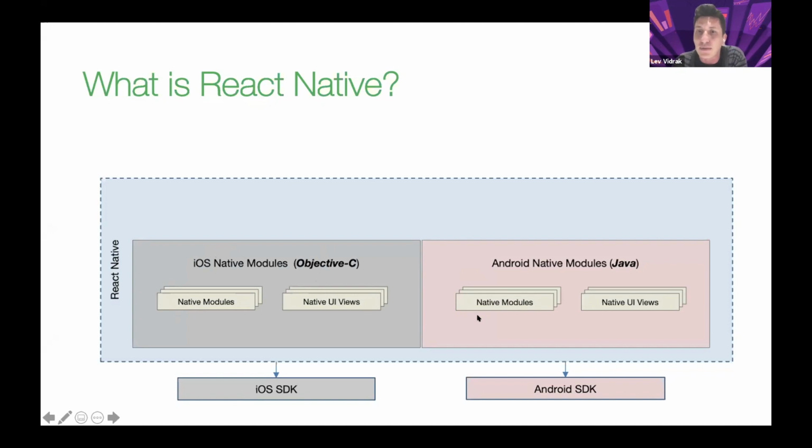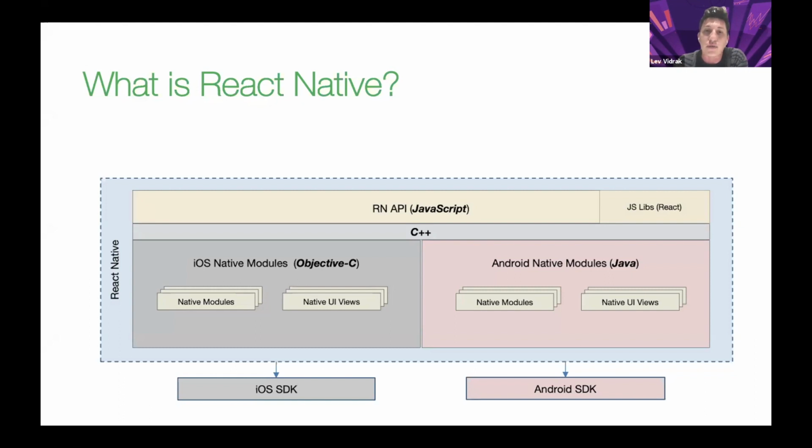And it consists of something called native UI views, which is a wrapper around the UI views coming from the Android SDK and the iOS SDK that Google and Apple provide us. And something called native modules, which are wrappers around native functionality, non-UI APIs. For example, turn on Bluetooth, turn on camera, stuff like that.